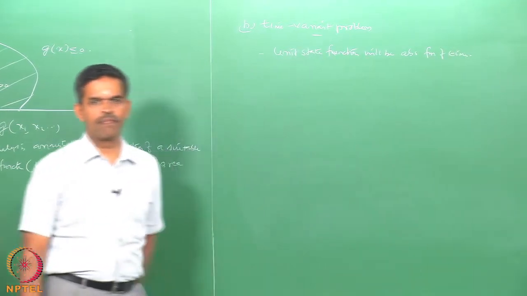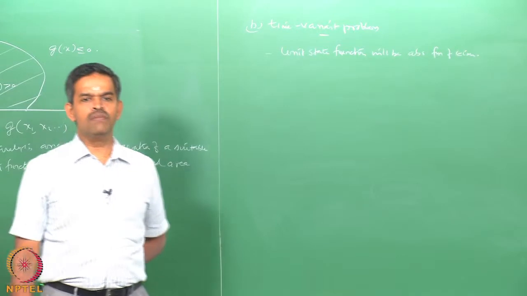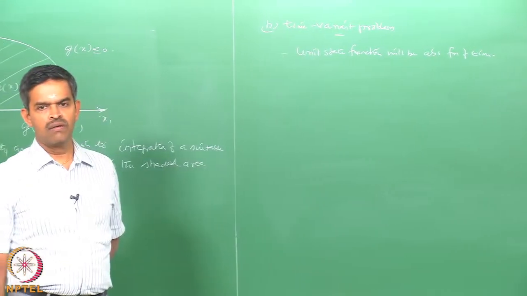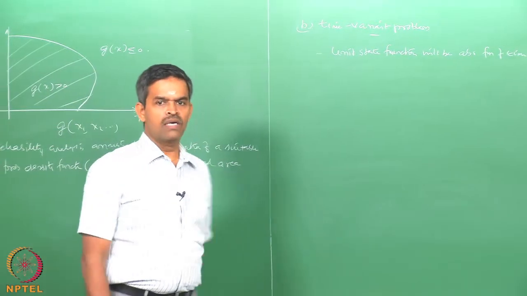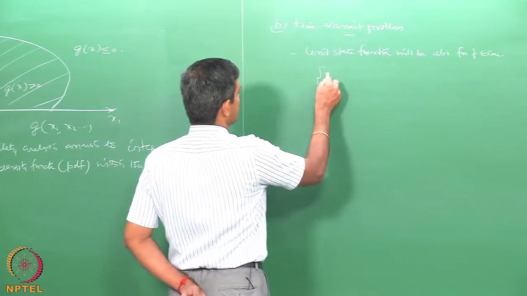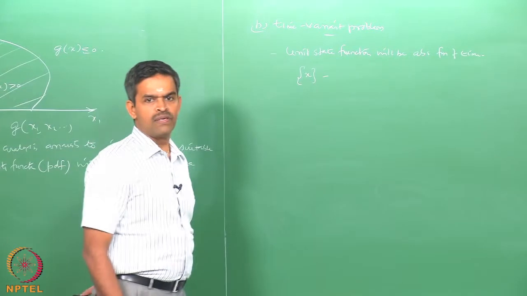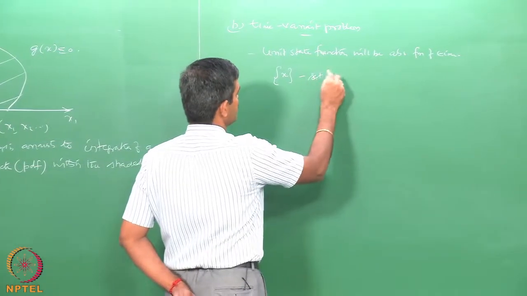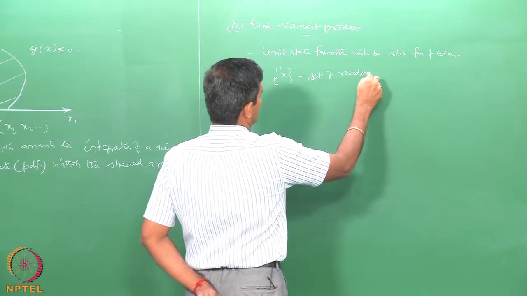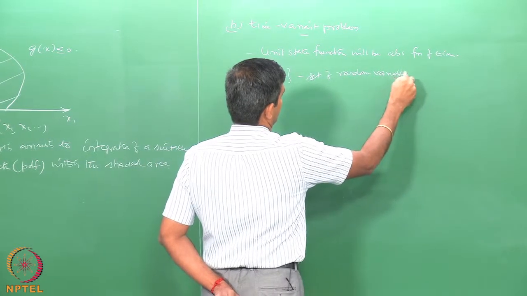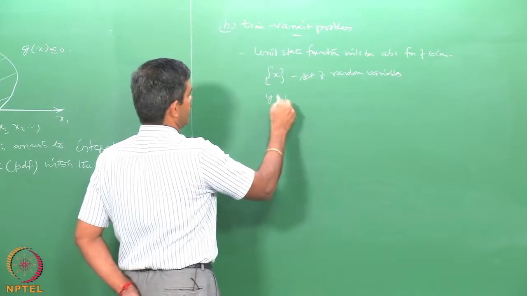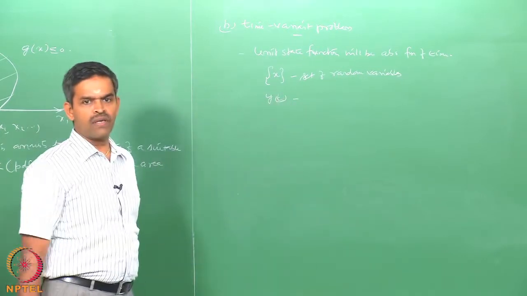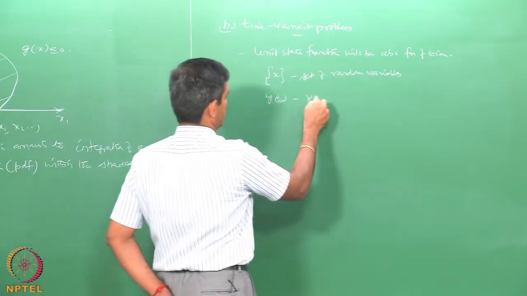In more specific terms, the limit state function will be defined by a specific set in which the variable x represents a set of random variables and y of t represents a vector of stochastic processes.